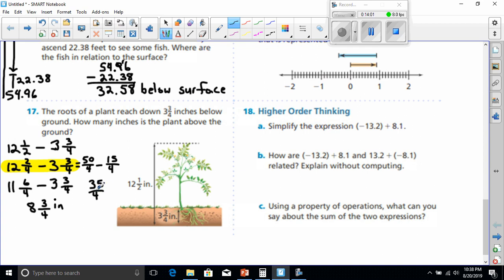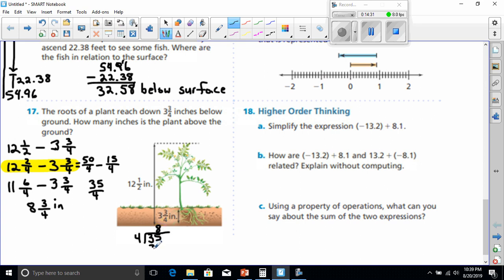And now we've got to turn this into a proper fraction, right? So we have to see how many times 4 goes into 35. Well, I know that 4 times 8 will give me 32, right? Remember, the way we really do this, we would take 35, because every fraction is really a division problem, and divide it by 4. That would give us the 8, right?